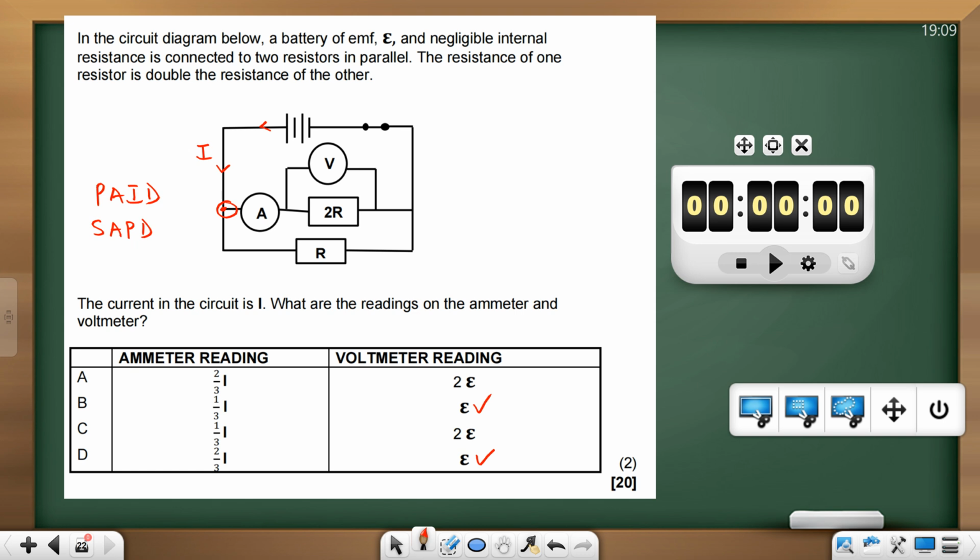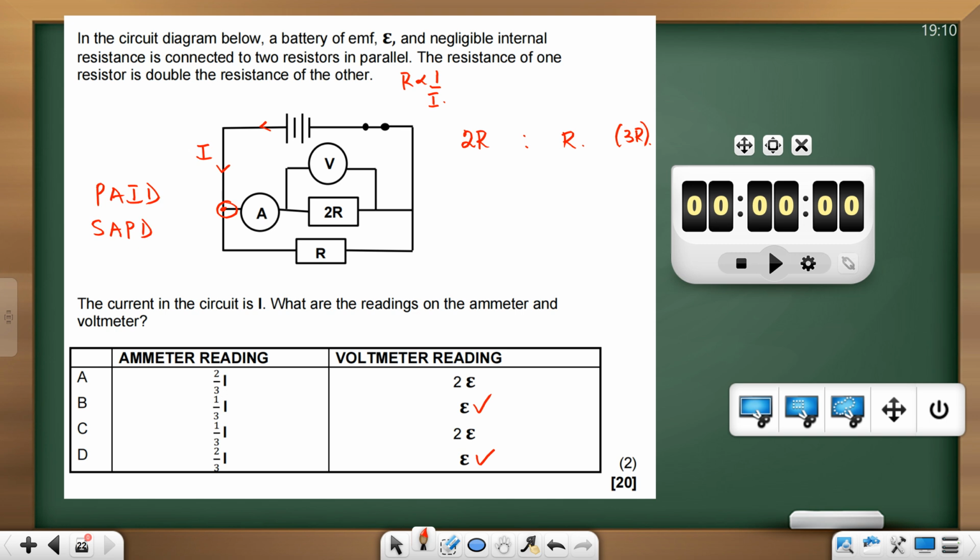Let me show you something that might help you. It's called ratios. So I have 2R and R. I want you to listen to this, because these are inversely proportional. So what's my total? There are two ways. I'm going to quickly use the two ways and see if we get the same answer. 3R.